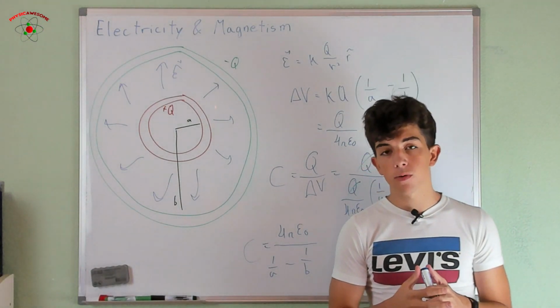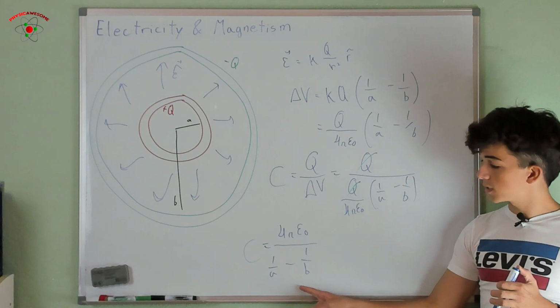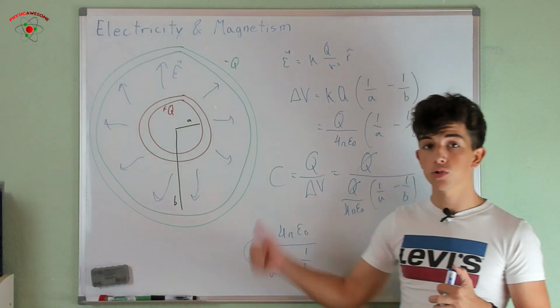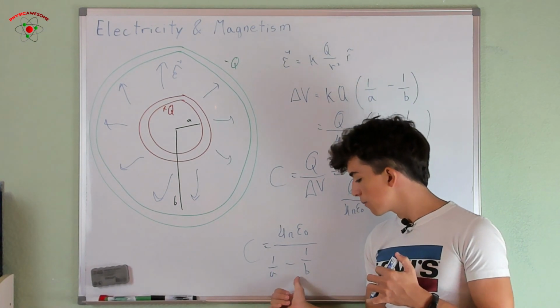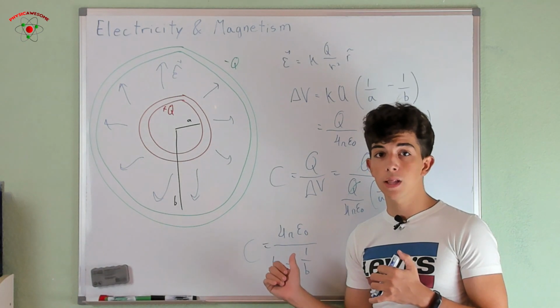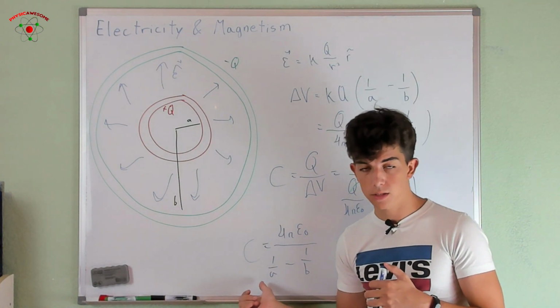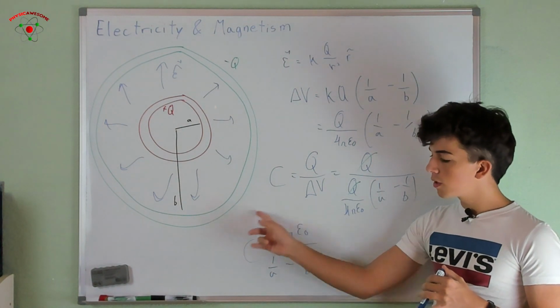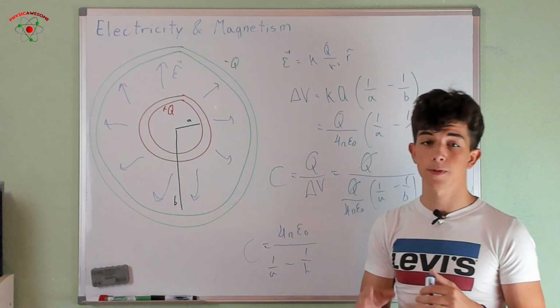What we see here is that if the two radii are the same, capacitance almost goes to infinity. And if, for example, the radius of b goes really high, capacitance decreases. It's important to remember that this is where the formula for the capacitance of a spherical capacitor comes from.